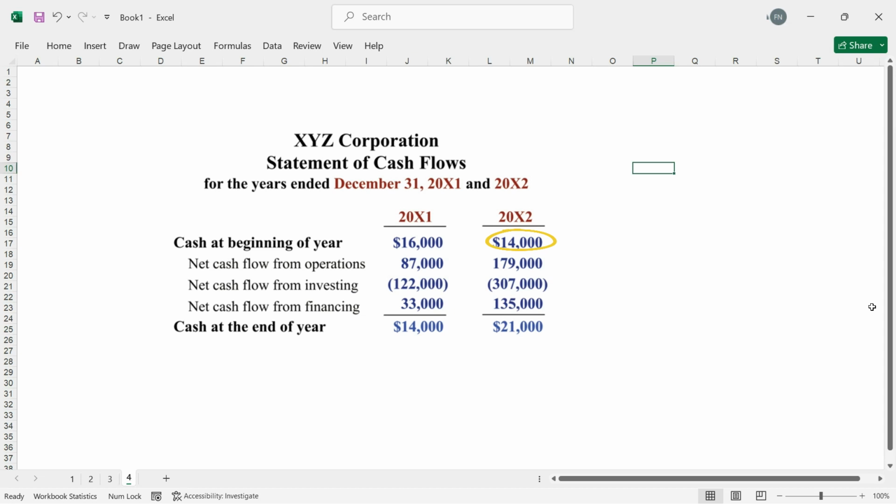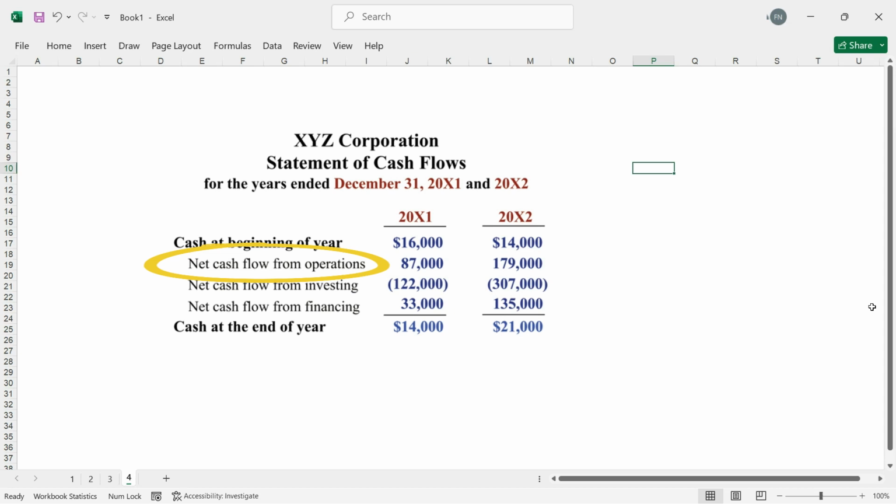So the cash balance is $14,000, and as we noted previously, we will distinguish the cash inflows and outflows into three distinctive categories. First, net cash flows from operations: the sale of goods or services for cash to customers or collections on accounts receivable from customers, less cash outflows to pay the costs of providing those goods or services.